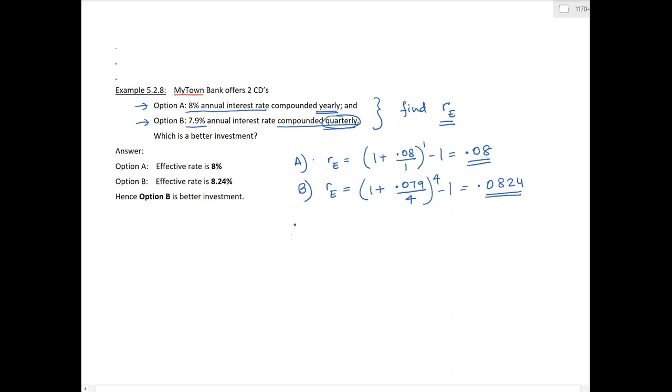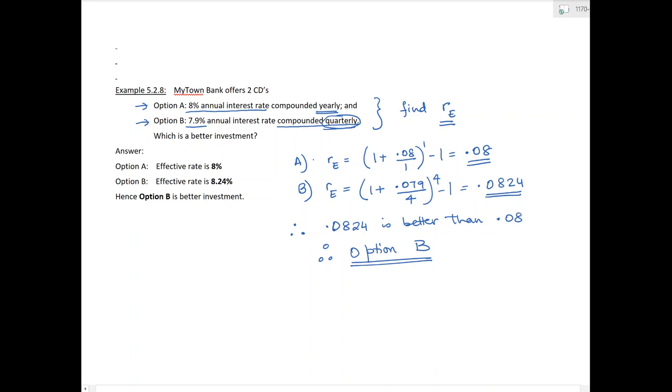So therefore, which CD should you invest in? Now 0.0824 is obviously better than 0.08. Therefore, option B is better.